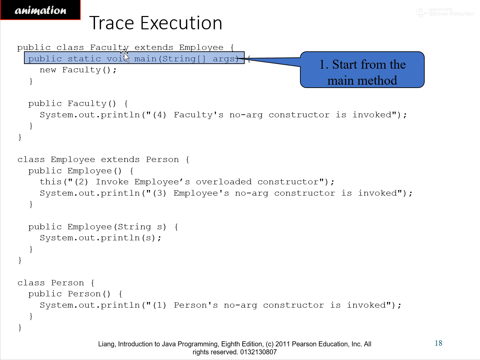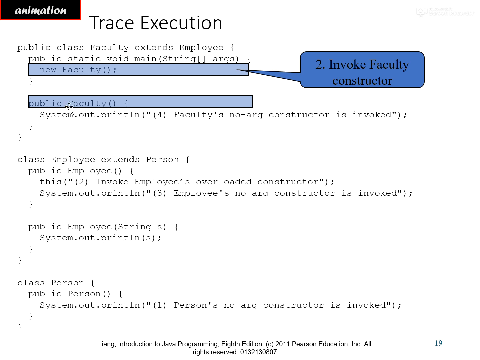It makes no difference. So execution of the program begins over here from the main method, and in the main method we create a new faculty object, which is a call to the constructor of the faculty class.